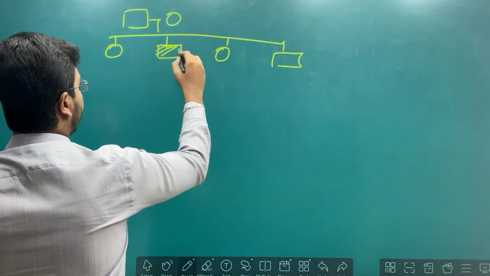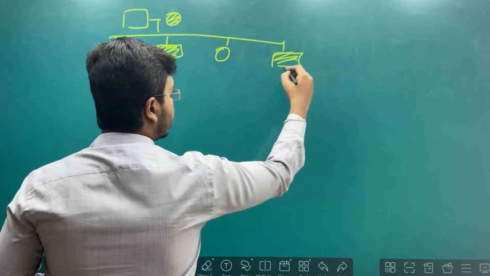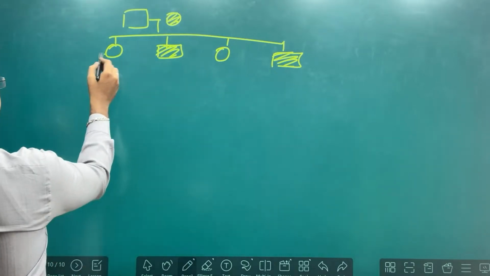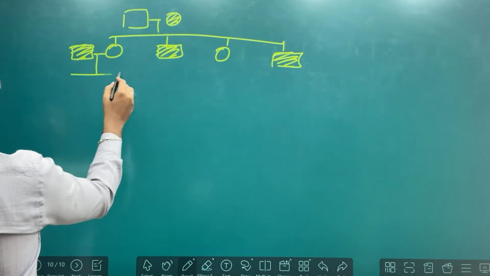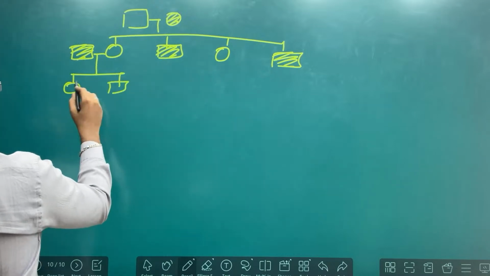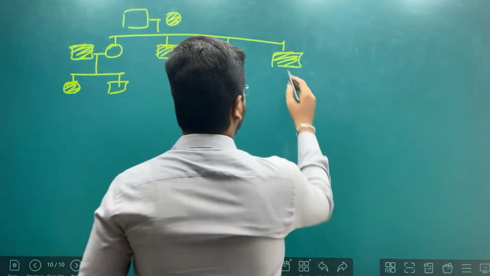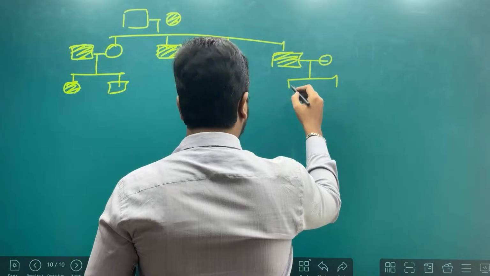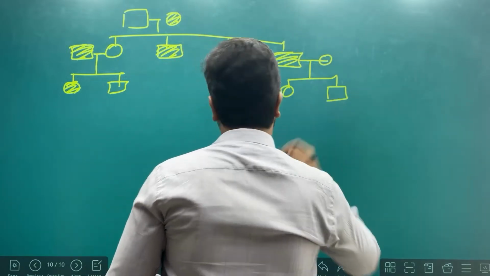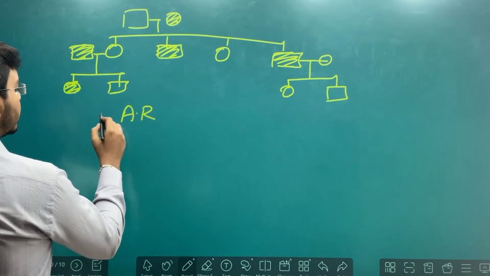Son is affected, mother is affected, son is affected, and this girl is marrying a boy, the boy is affected, and they are getting an offspring, and a girl is affected. Then he is getting married to a girl, and they are getting 2 babies, and both the babies are not affected.